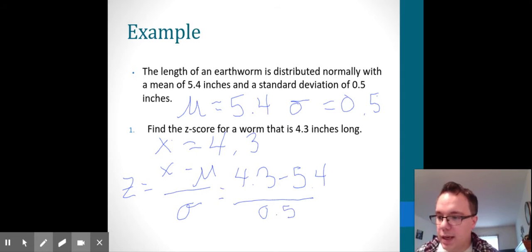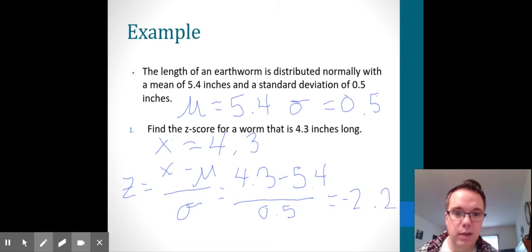So if we take 4.3 minus 5.4 and then divide that by 0.5, we get a z-score of negative 2.2. That means when we translate this back to the standard normal distribution curve, our data point is negative 2.2 standard deviations away from the mean.